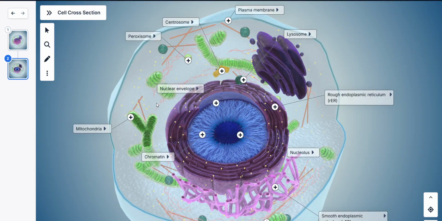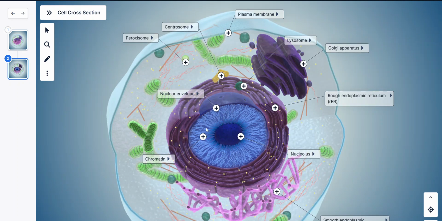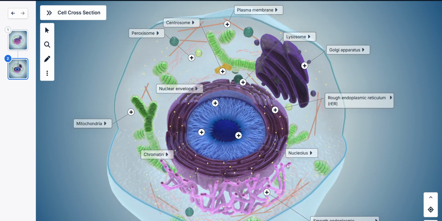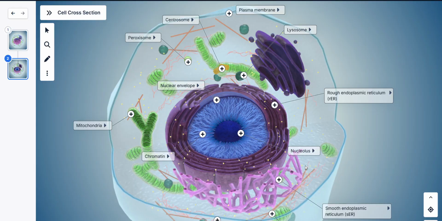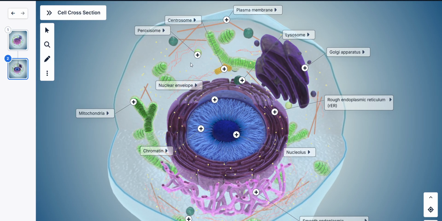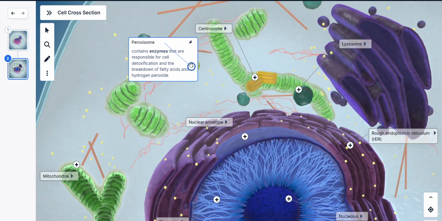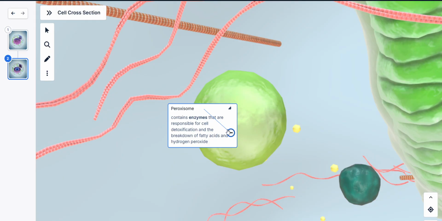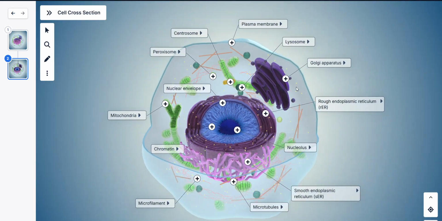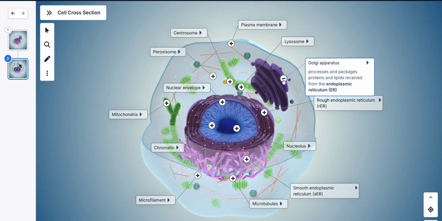It's like a gel-like structure that holds all the organelles, all things in the cell. Now we discuss the Golgi apparatus.